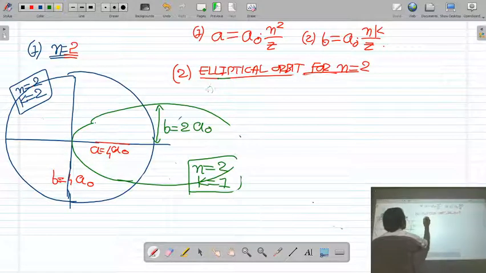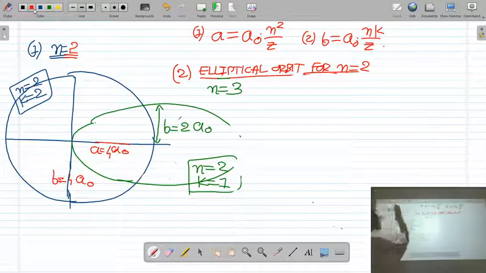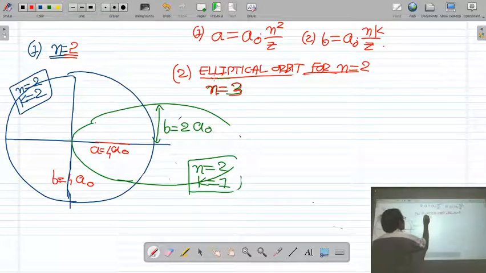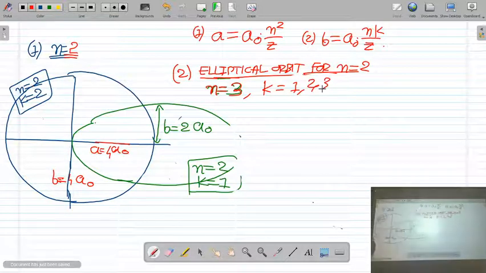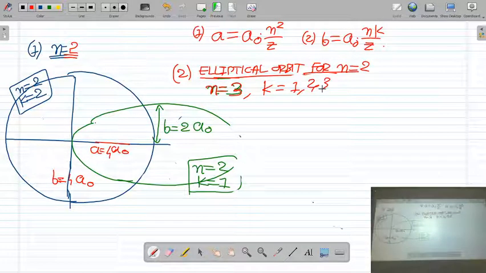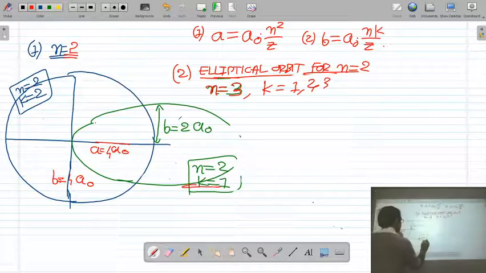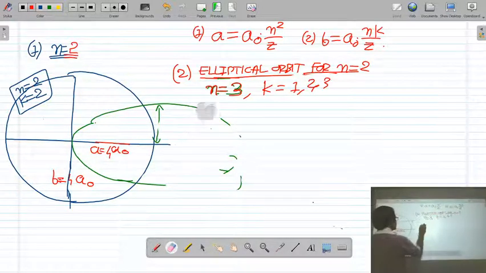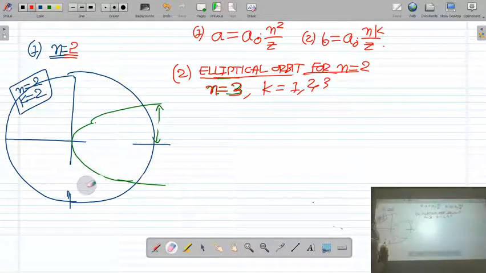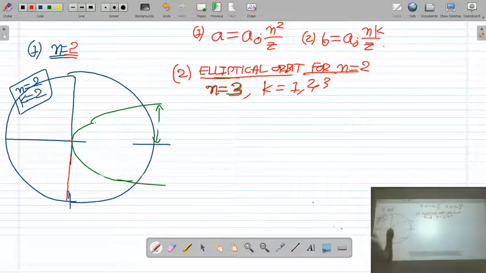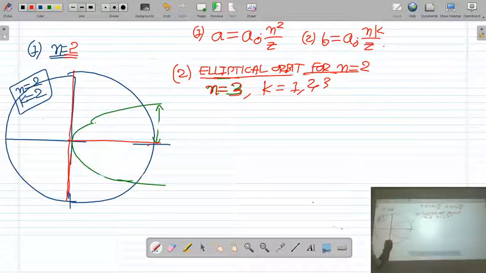For n is equal to 3, we have three values of k, 1, 2 and 3.